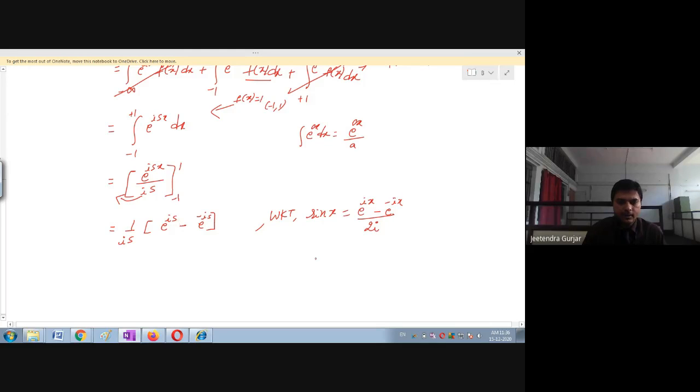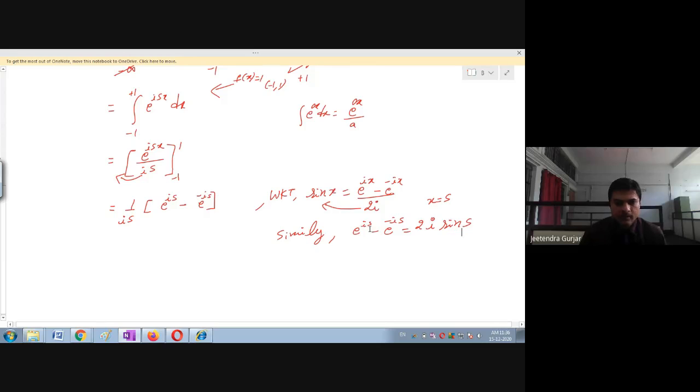Similarly, here you can see, I want e raised to is minus e raised to minus is. I can write it like this, 2i I will take this side, so this will become 2i, but please remember here, instead of x we are going to take s, therefore this will become sin s. Is it clear? Here x is there, no problem, I have taken here s.